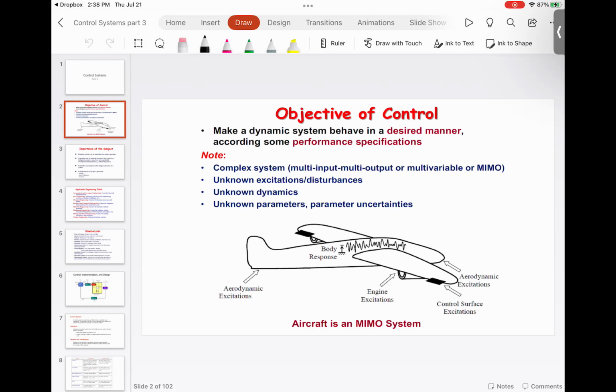So from chapter 2, we have come up with this dynamical system. This dynamical system that we derived, we studied in chapter 2.